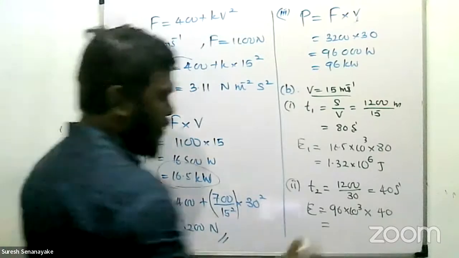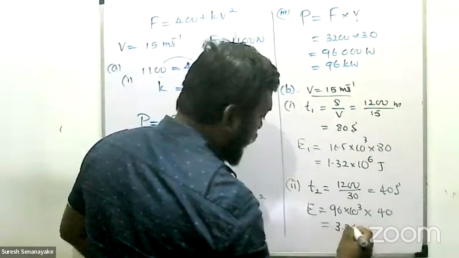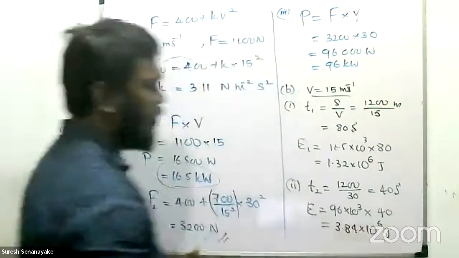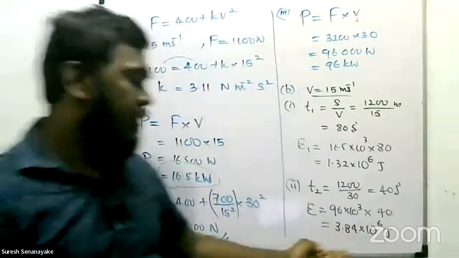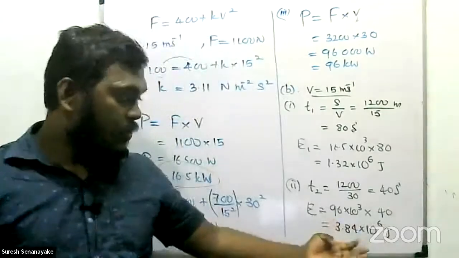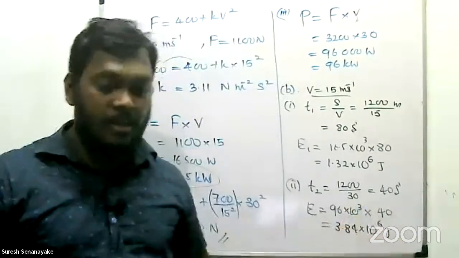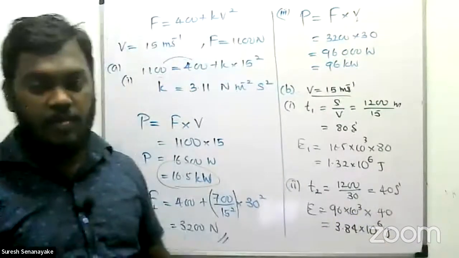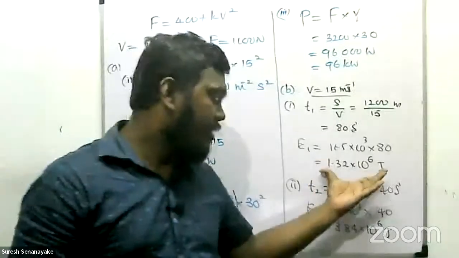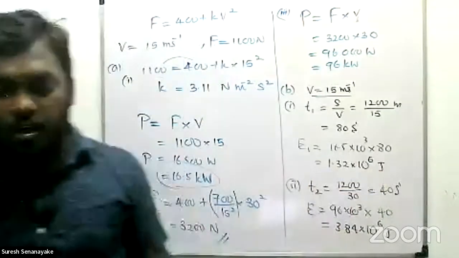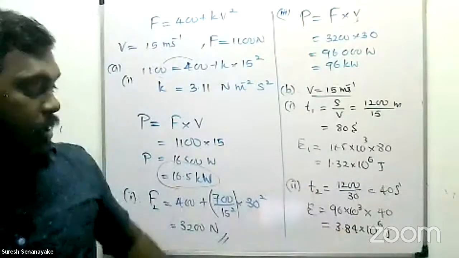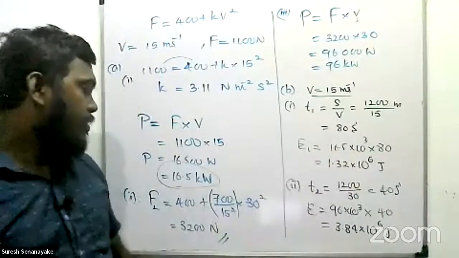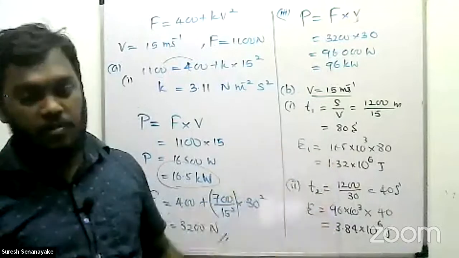It will be 3.84 into 10 to the 6 joules. You can see when it is moving faster, less time is taken, but it consumed 3.84 into 10 to the 6 joules. When it's moving at 15 meters per second, it consumed only 1.32 into 10 to the 6 joules. So when you move with slower speeds, it consumes less energy.